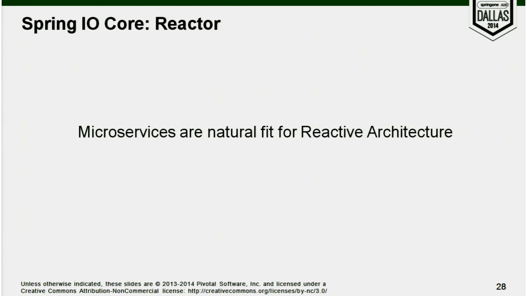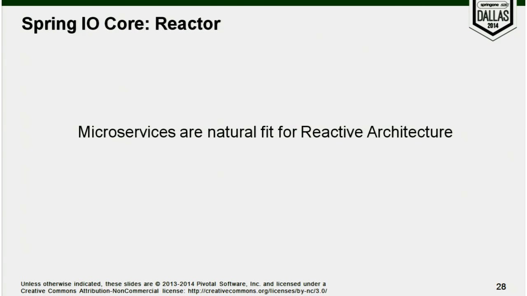But microservices, being broken up into these small components, are a perfect fit for this reactive architecture. Because they have boundaries that have to be crossed, and there's overlap, and what keeps coming up is what do I do with results when I have them, and how do I schedule things on other tasks?